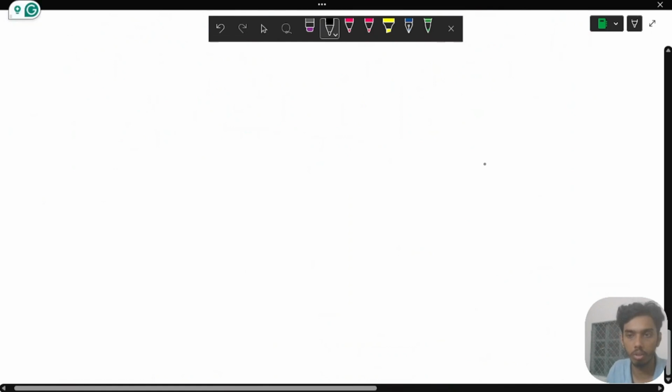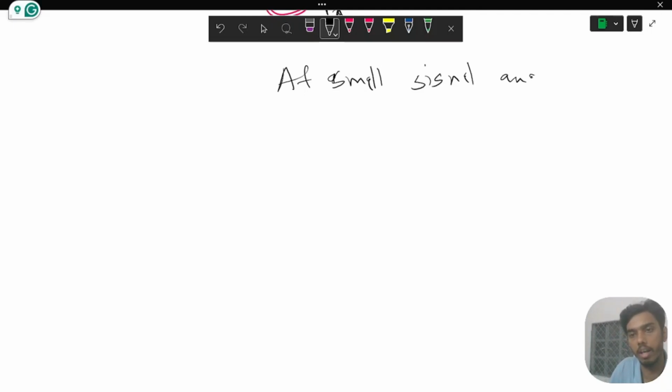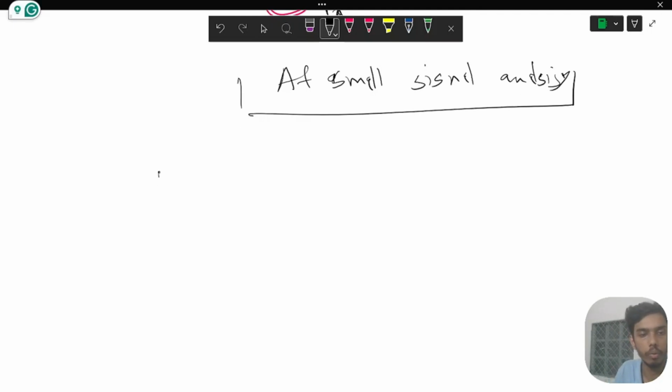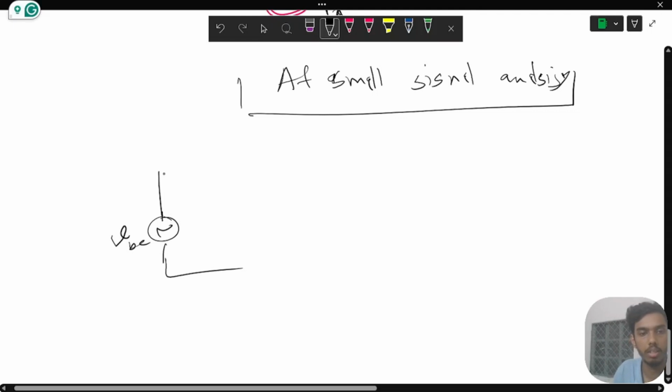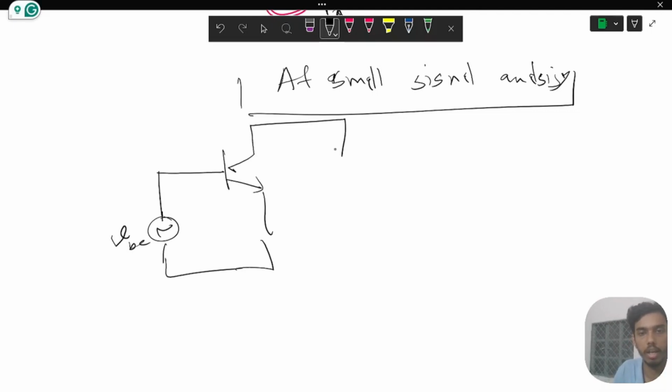Okay. So now at small signal analysis, what will be the case? At small signal, we'll short out the VDC. So this will only be V small b, and this will be our transistor. And this VDC will also be shorted out. So there is nothing.